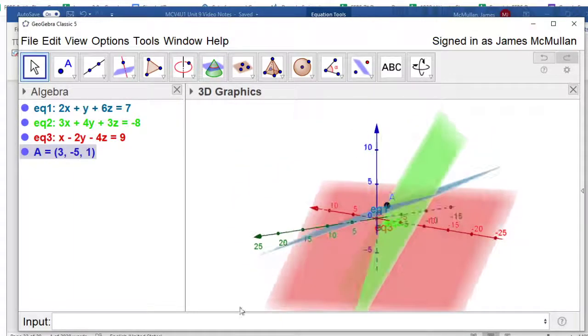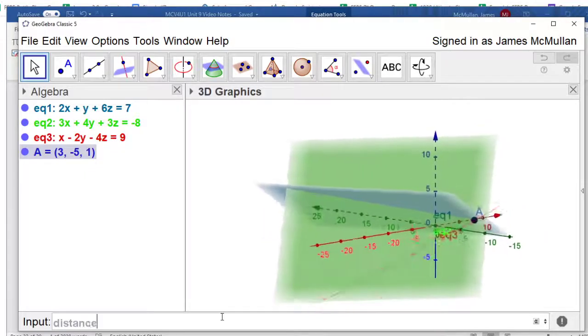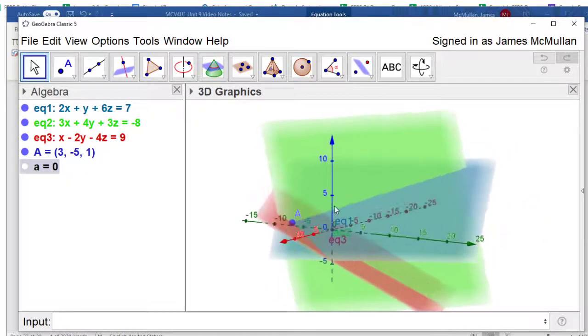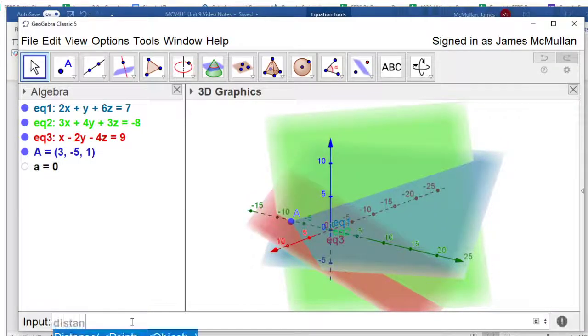Again, an easy way to check your work here, you can type distance A EQ1. It's 0 because A is on that plane. Distance A EQ2, it's 0, and distance A EQ3, they're all 0. You can also say intersect EQ1. I don't think you can do all three at a time.